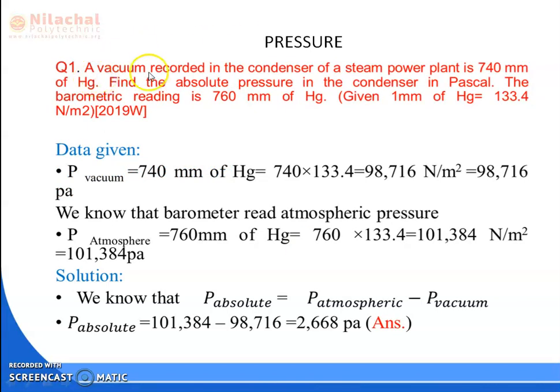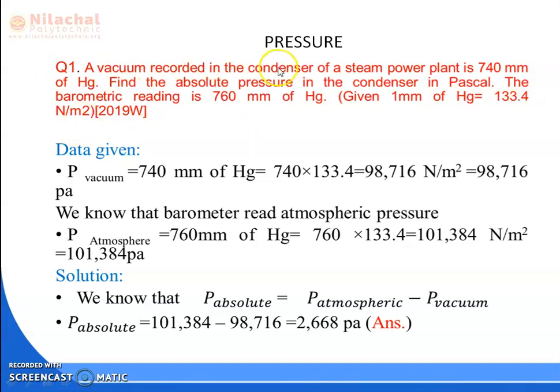The question is, a vacuum recorded in the condenser of a steam power plant is 740 mm of Hg. Find the absolute pressure in the condenser in Pascal. The barometric reading is 760 mm of Hg. Given 1 mm of Hg is equal to 133.4 Newton per meter square.